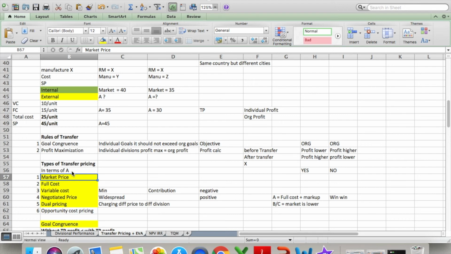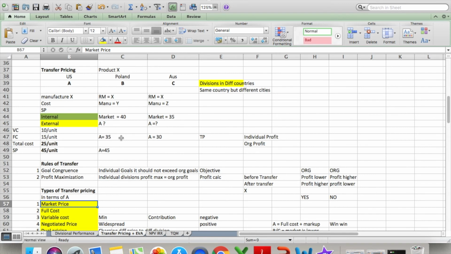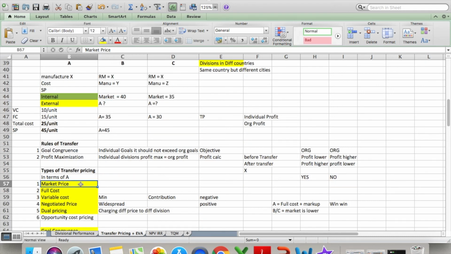So A needs to also see that it fulfills its cost so that it is not at a loss, and B and C need to see that at least A tries to make it below their market price so that it is beneficial to them to purchase it from A. Otherwise, they won't bother purchasing it from A. They would purchase it from their own markets, right? Alright, so the first price is market price.